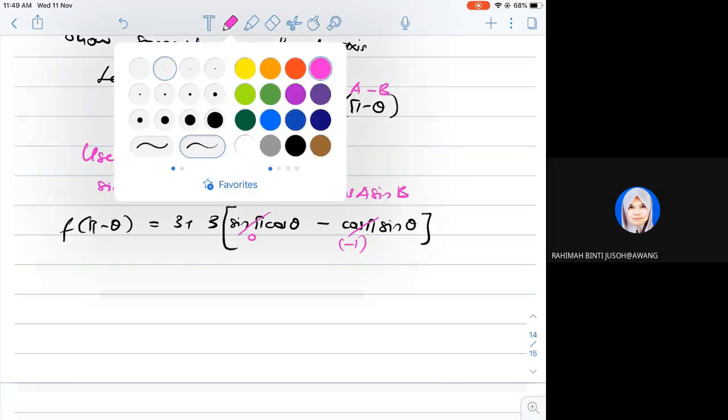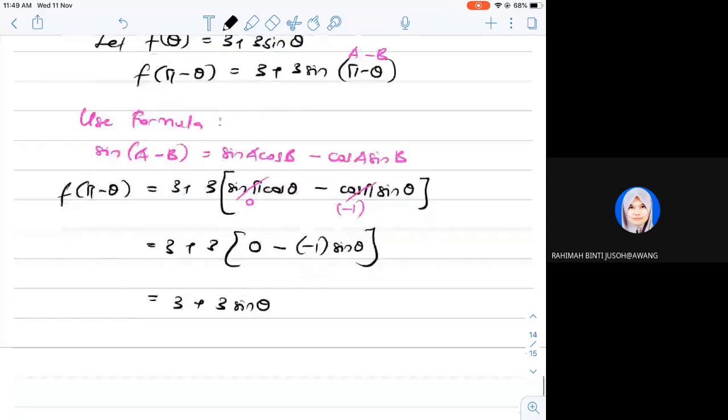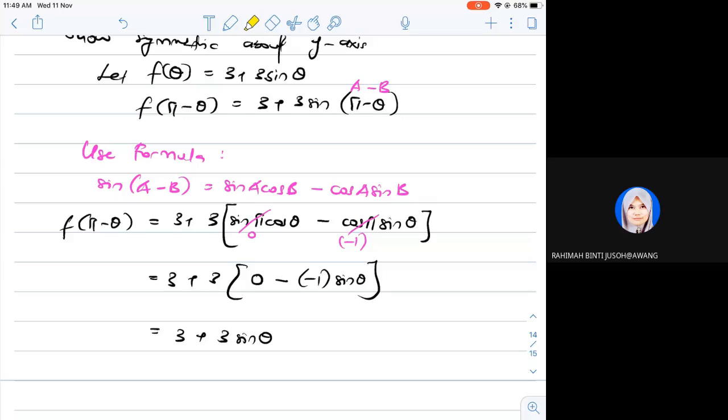Alright, so what you should get here is 3 plus 3, this is 0 times cos theta is 0 minus negative 1 times sine theta. Okay, so minus minus becomes positive lah kan? So 3 negative negative jadi positive 3 sine theta. Okay, so this is the same as this, right?